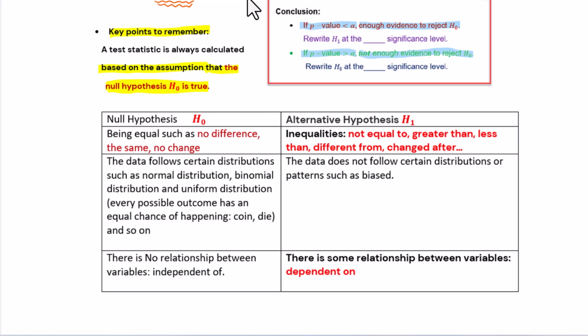Since the test statistic and p-value are calculated under the assumption H0 is true, normally H0 is connected with the following words: being equal, such as no difference, the same, no change, or equal to.